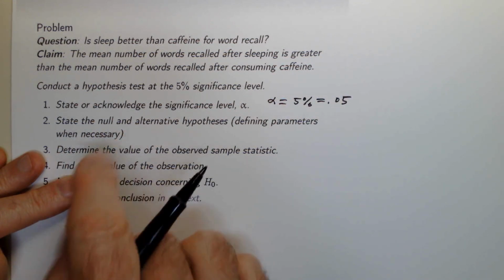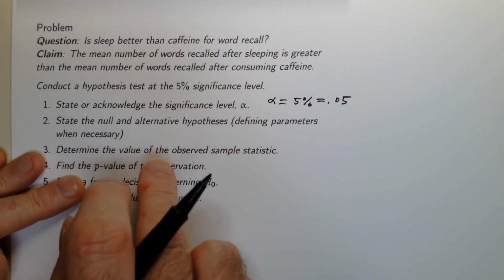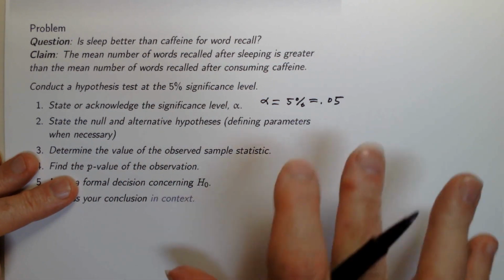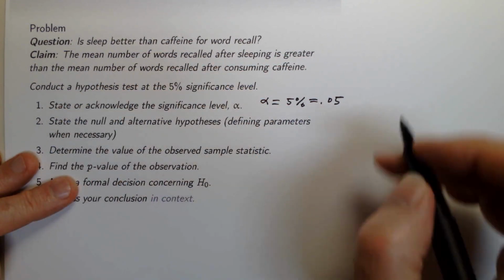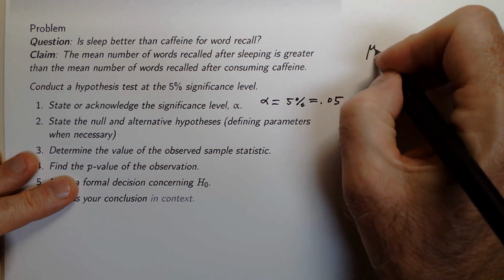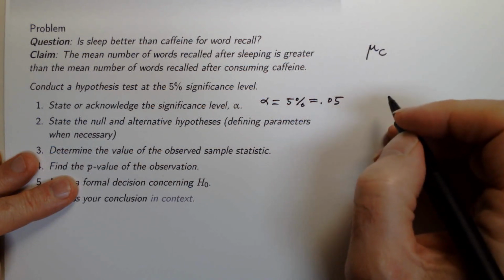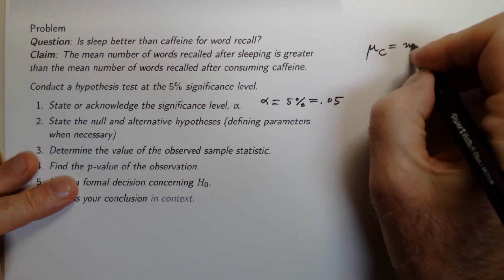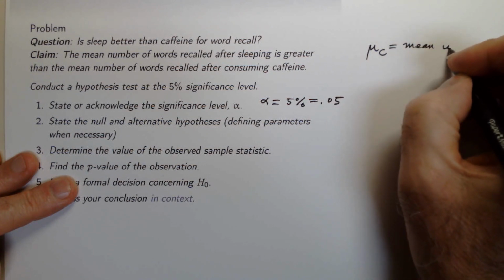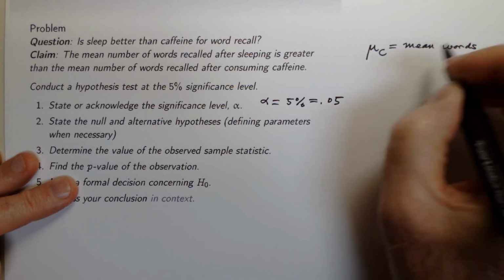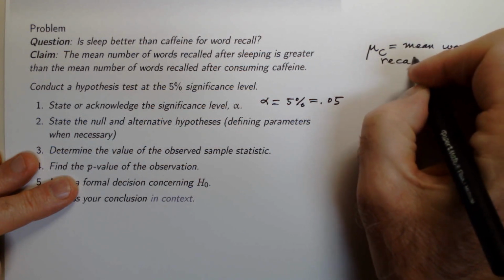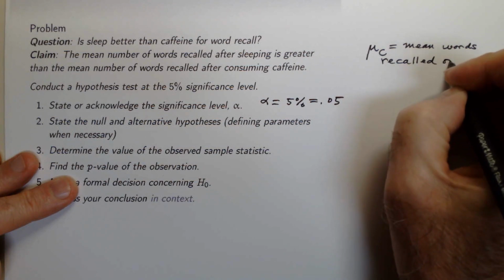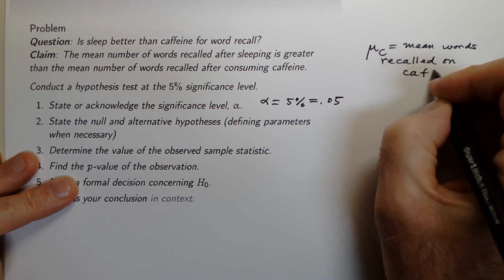State the null and alternative hypotheses, defining parameters when necessary. So there's a couple of parameters that we want to keep track of here. So these are within the population. So within the population, there will be a mu sub c. We can think of this as the mean words recalled, let's say on caffeine.